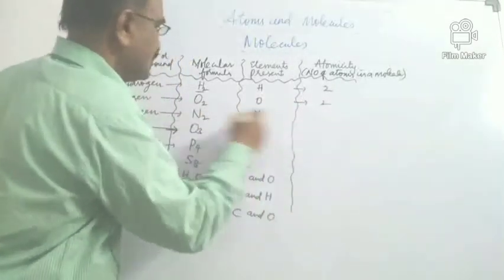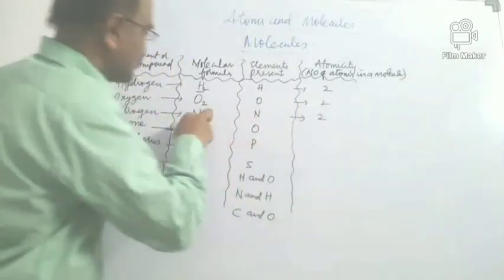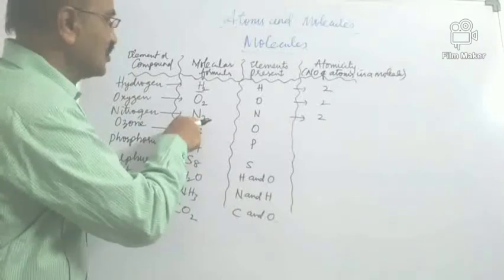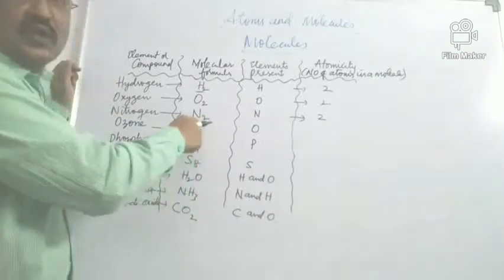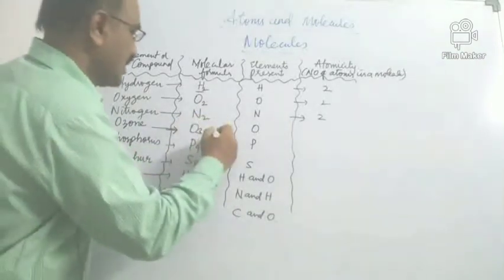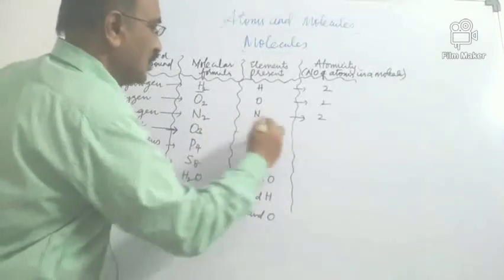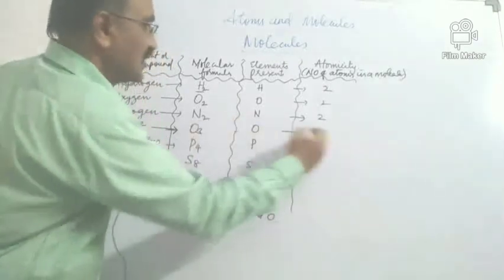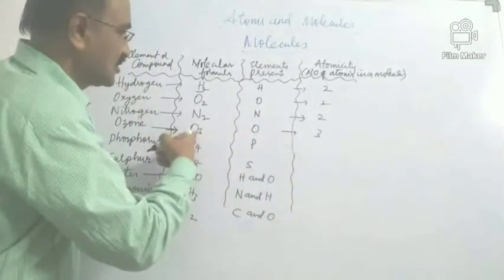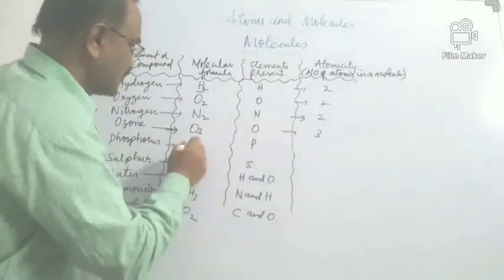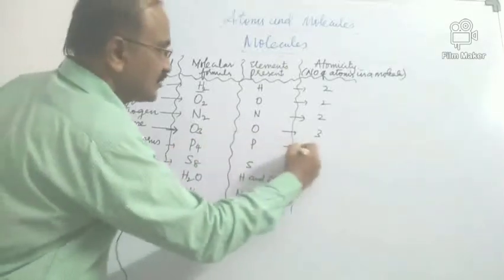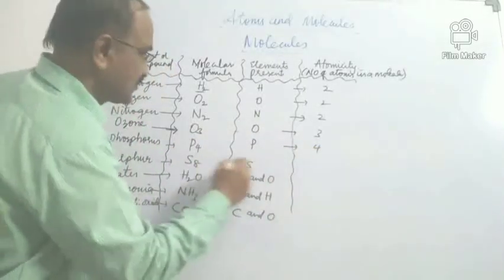It's also 2, because each nitrogen molecule is made up of 2 atoms of nitrogen. And here, what is the atomicity of ozone? The atomicity is 3, because each molecule of ozone is made up of 3 atoms. And phosphorus, its atomicity is 4, and that of sulfur, you find it is 8.